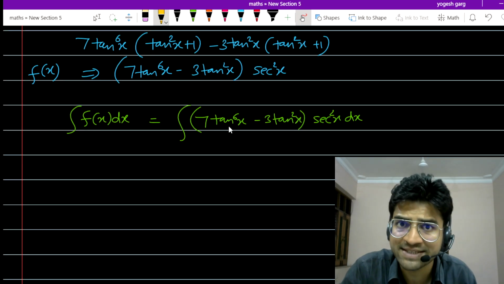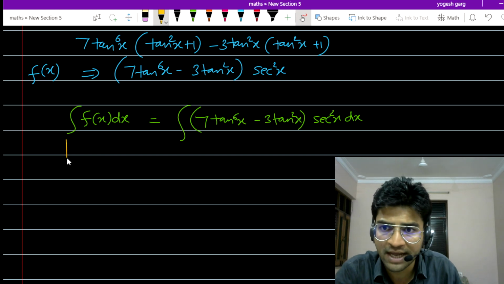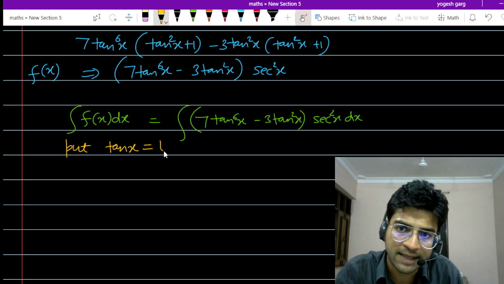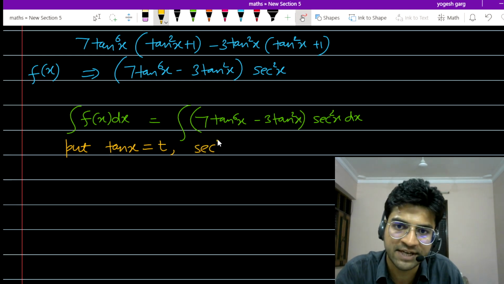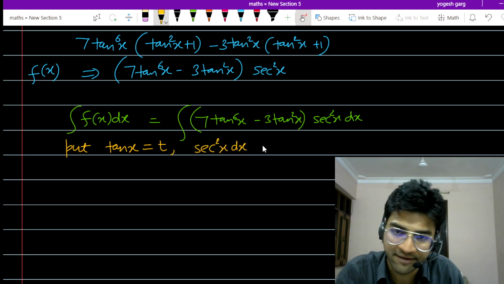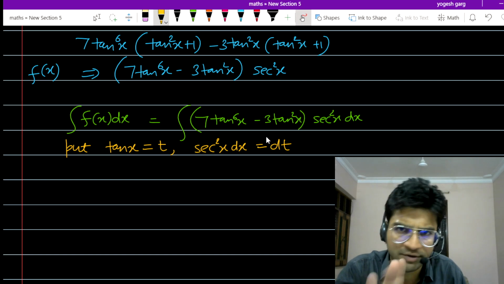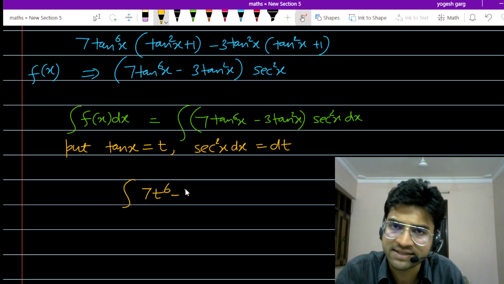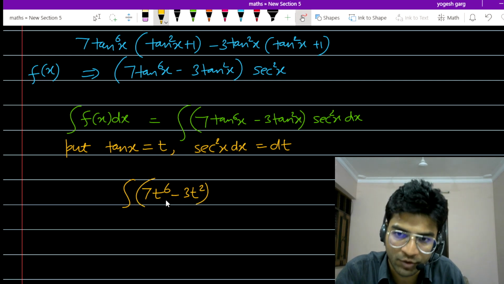So put tan x = t, then sec^2 x dx = dt. Fine, so now it's very easy: (7t^6 - 3t^2) dt.